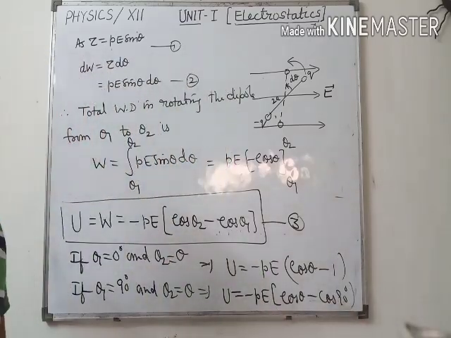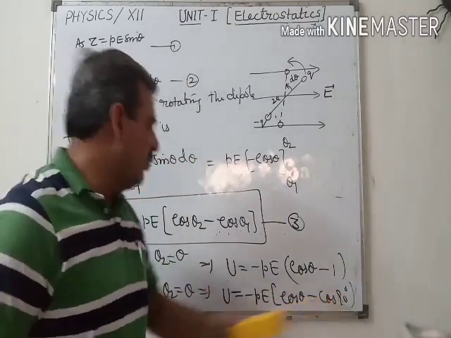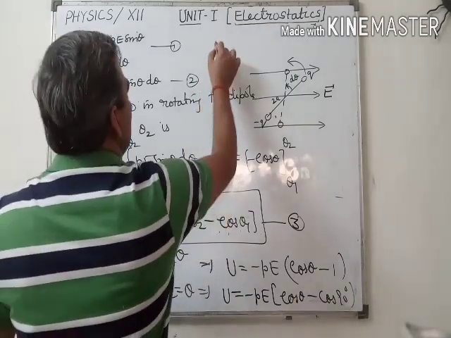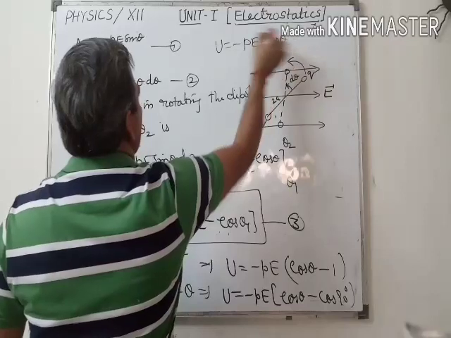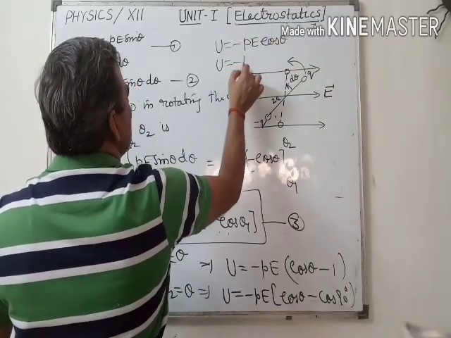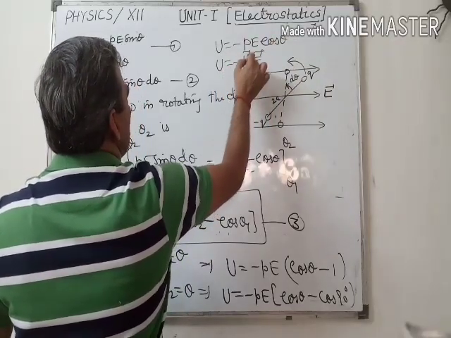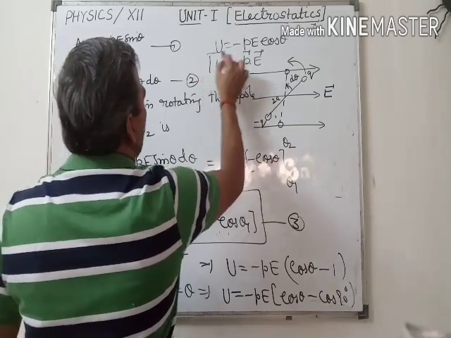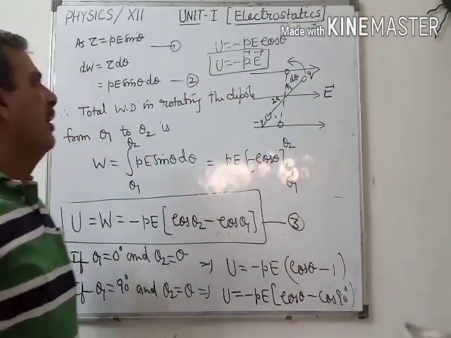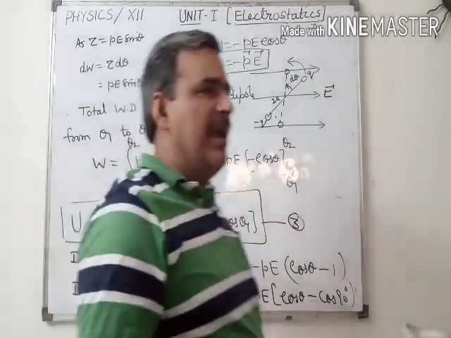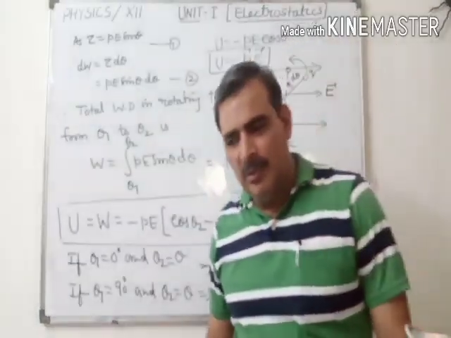What is the value of cos 90? Cos 90 is 0. So you have finally U as minus PE cos theta, or U equals minus p dot E, because p and E both are vector quantities. So you have the scalar product of these two, which will finally give you the electrostatic potential energy of the dipole. Thank you.